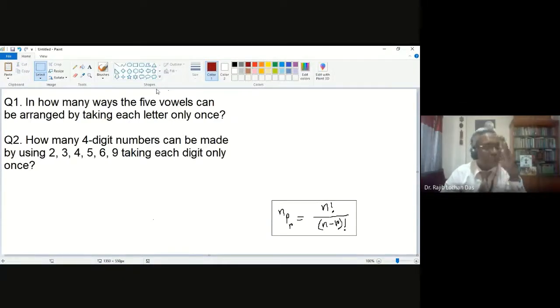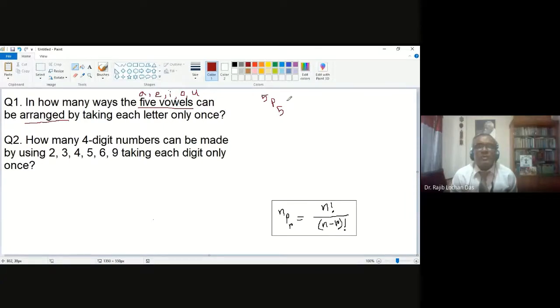In how many ways can the 5 vowels, A, E, I, O, U, be arranged? All of them will be arranged, because it is said all 5 vowels will be arranged. So you take all 5 letters, so it is actually 5P5.